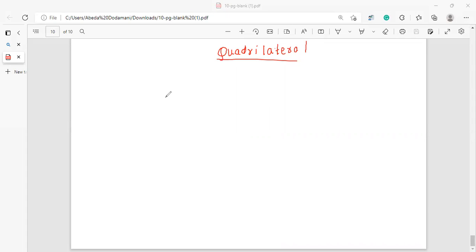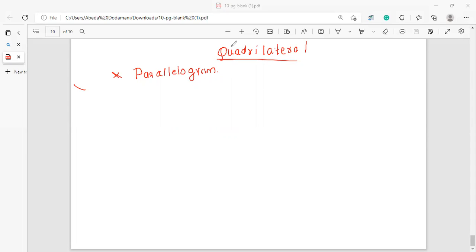In that quadrilateral, first we're going to discuss the parallelogram. So what is this parallelogram all about, and how exactly does it look?